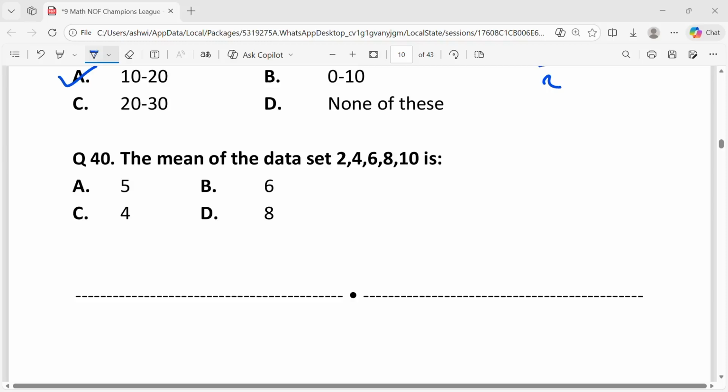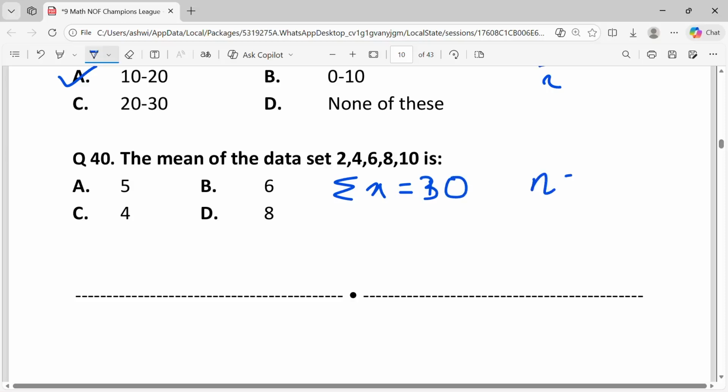The sum of the data, summation x, is equal to 30. The number of observations n is equal to 5. So x bar is equal to 30 upon 5, which is equal to 6. That is option B.